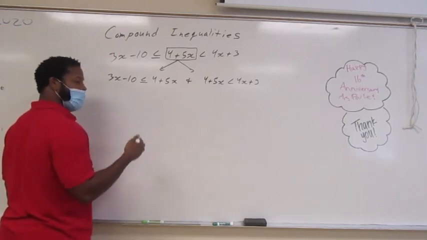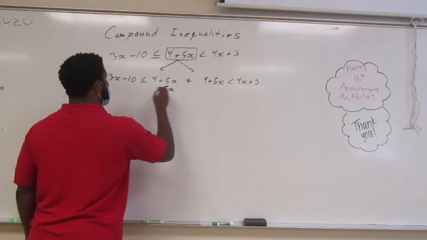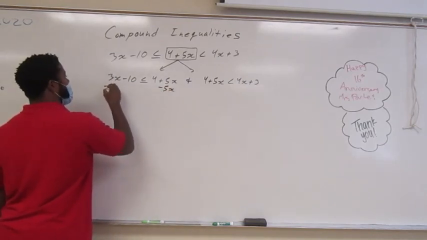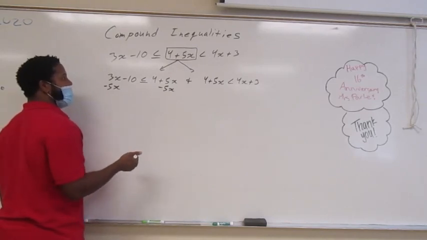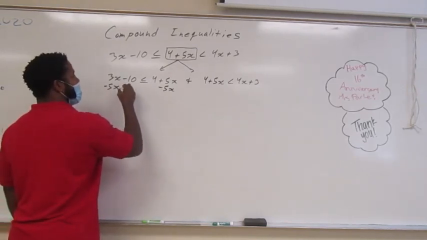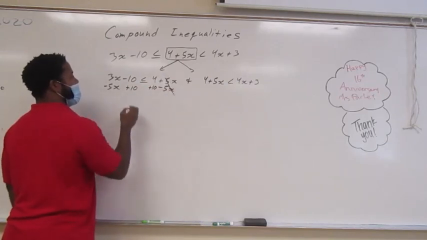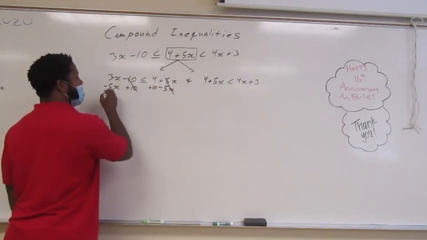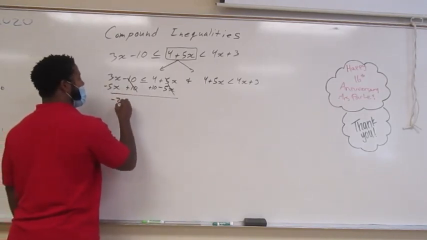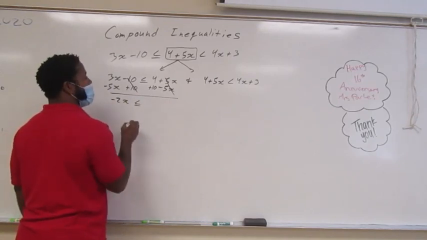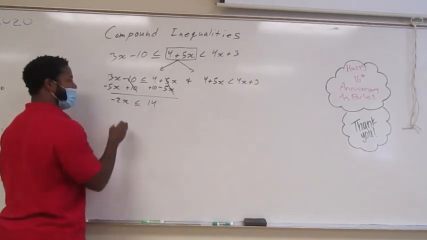So now I solve it, okay? Subtract the 5x to the other side. Let me just go through this fast. You're going to add this 10 to the other side. That cancels out, that cancels out. Therefore, what do you have? Negative 2x is less than or equal to 14, okay?